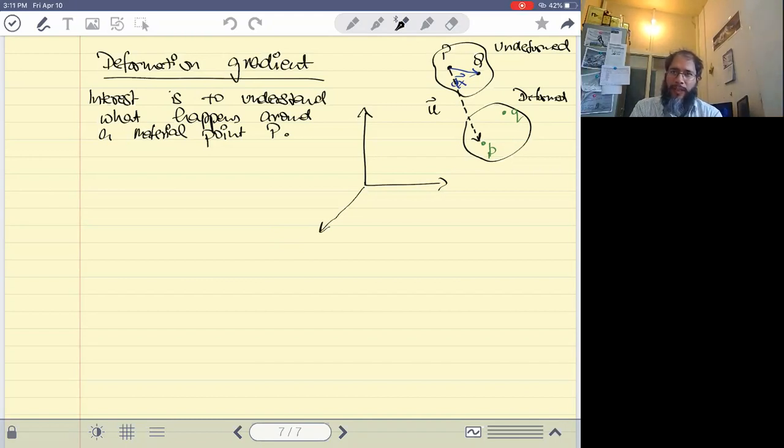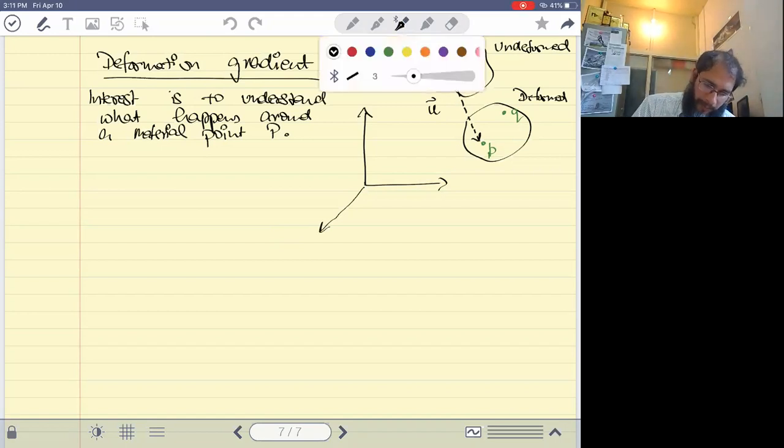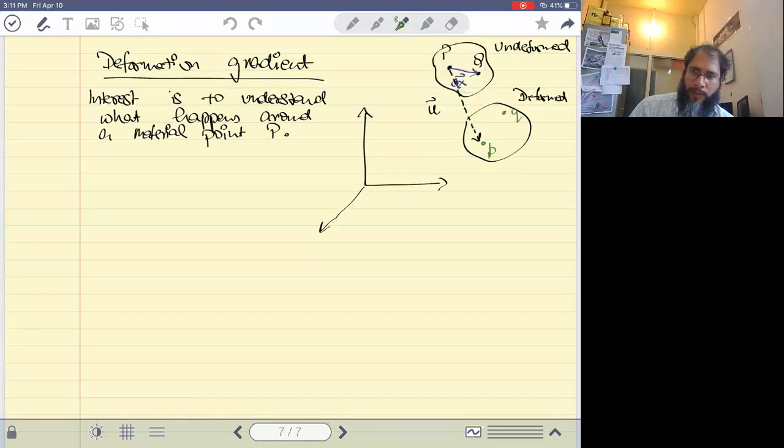That's called the displacement vector, how a particle displaces from undeformed to deformed configuration. And this vector from small p to small q we will denote as d small x vector.